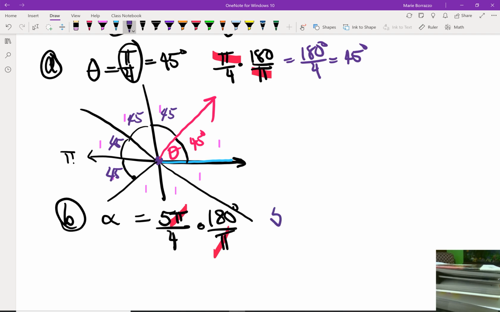So 5 times 180 divided by 4 tells us that in this case we have basically 180 plus 45. So in reality, this angle measure should be 225, right?